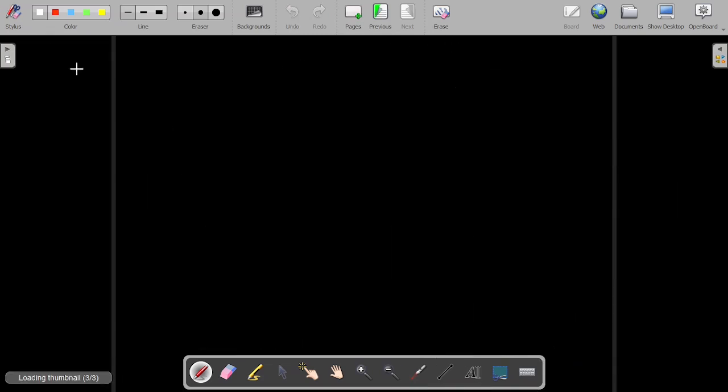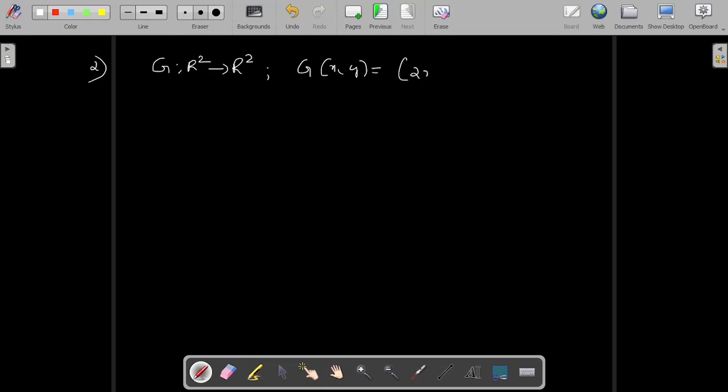One more example, let me give you. A linear mapping G from R square to R square given by G of x comma y equal to 2x minus 4y comma 3x minus 6y. You have to check whether this transformation G is singular or not.